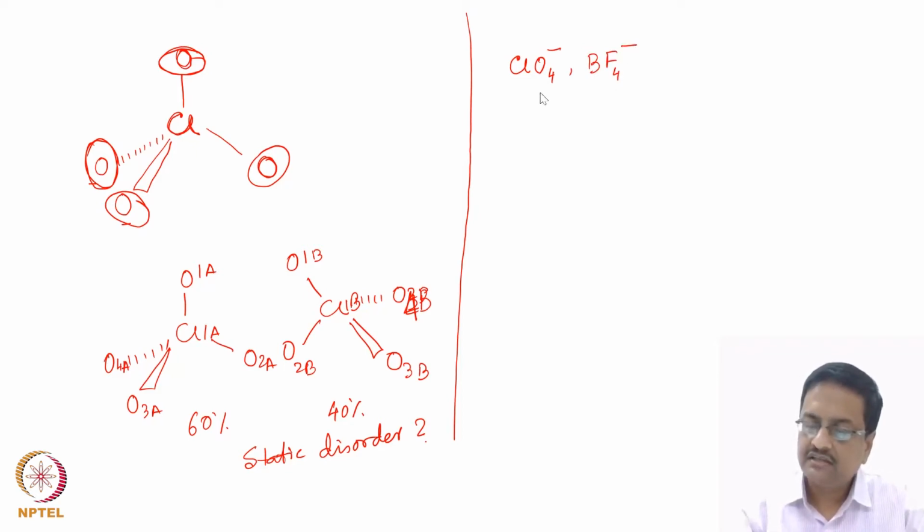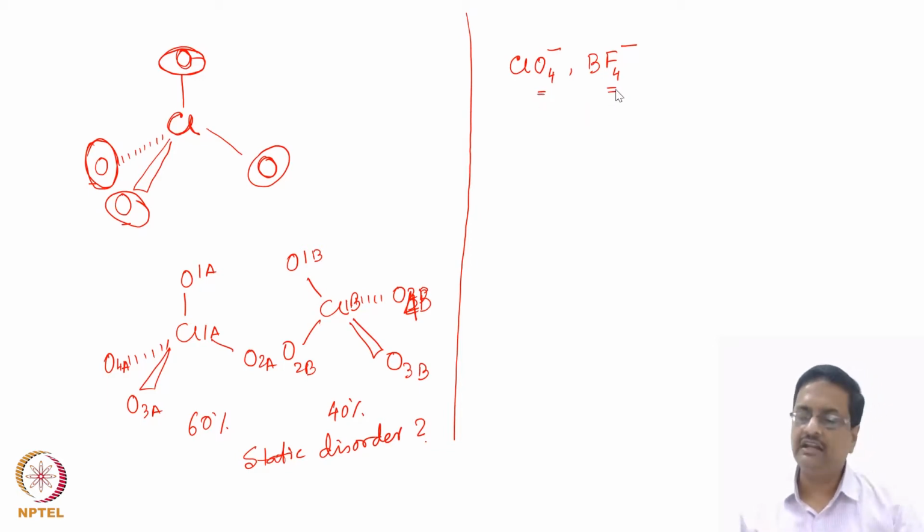You see here the anion has very highly electronegative elements associated with the central atom. One more kind of static disorder one may encounter is this one.